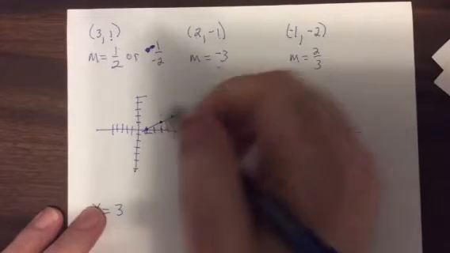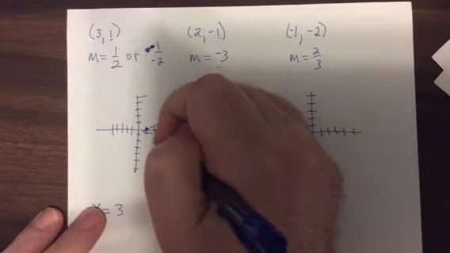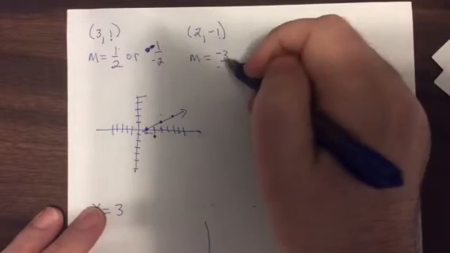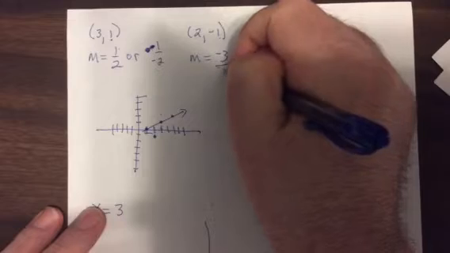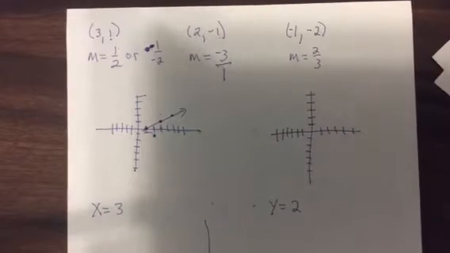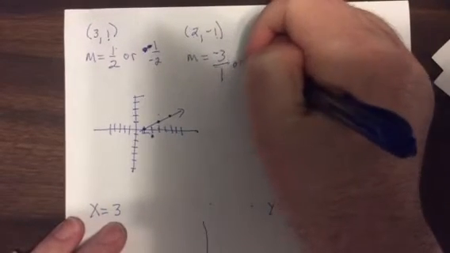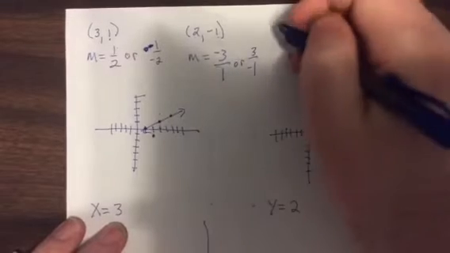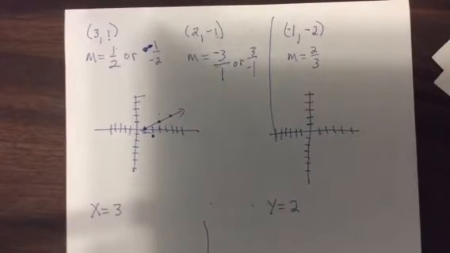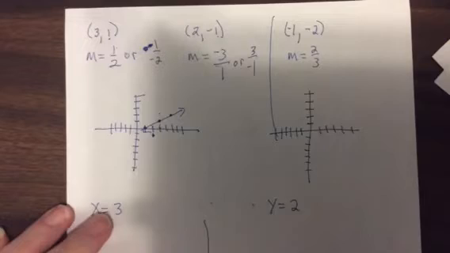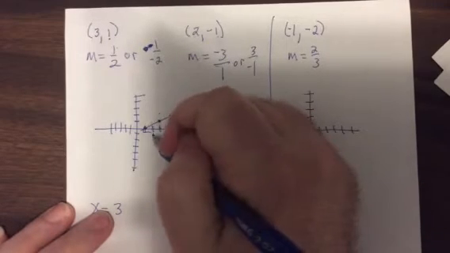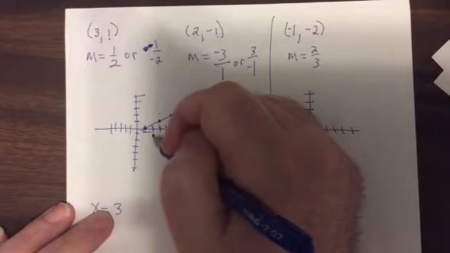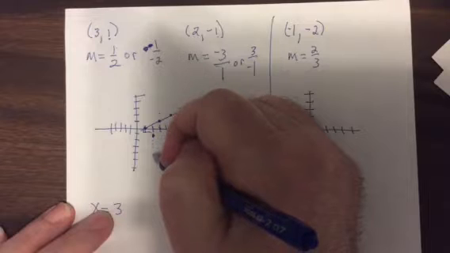2, -1. That would be 2 down 1. The slope is -3. Need a fraction. So you could do -3 over 1 or 3 over -1. Whatever makes you happy. So I'm going to go down 3, 1, 2, 3.